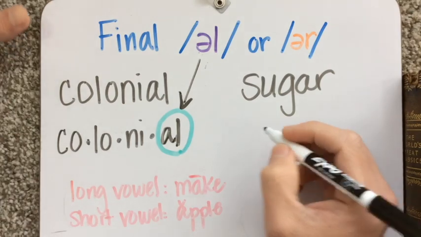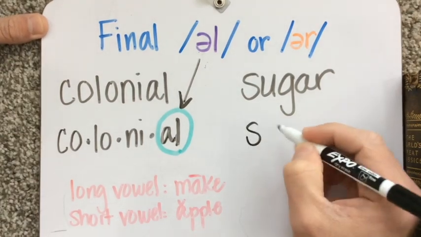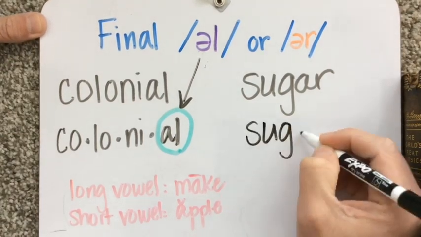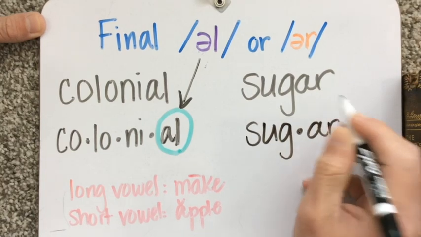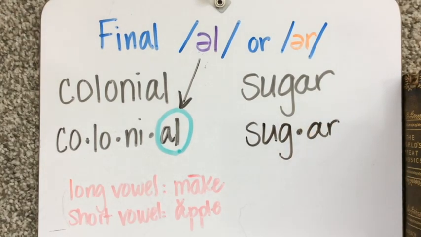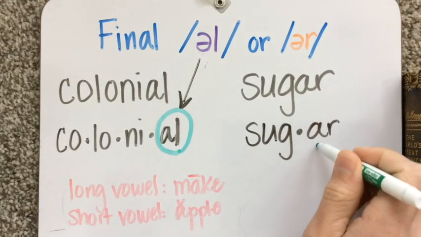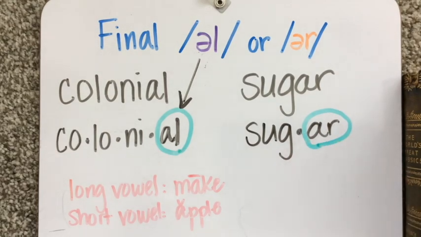Let's look at sugar, and we'll break sugar into syllables. So if we look at the ending of sugar, we still do not hear a long vowel sound, so we're not hearing make, that A, and we're not hearing the sound of a short A, such as apple.